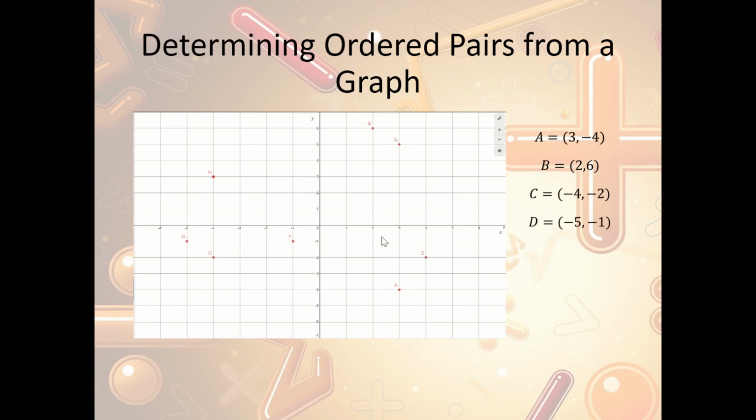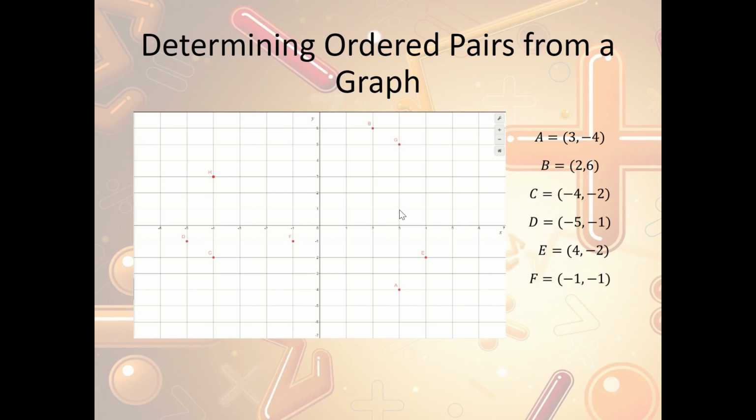Then E. E is here. So that's 1, 2, 3, 4. And then negative 1, 2. So it would be 4, negative 2. Then F is here. So that's negative 1 and negative 1. And then G is here. So G is 1, 2, 3.